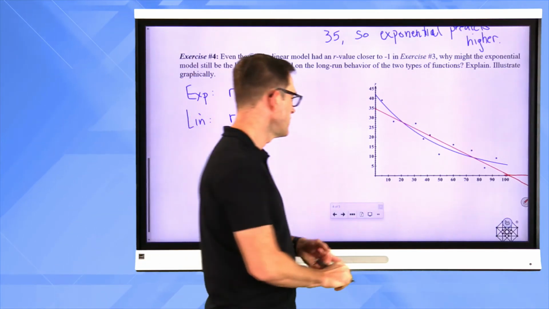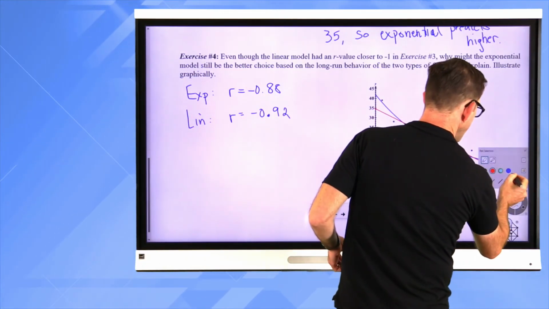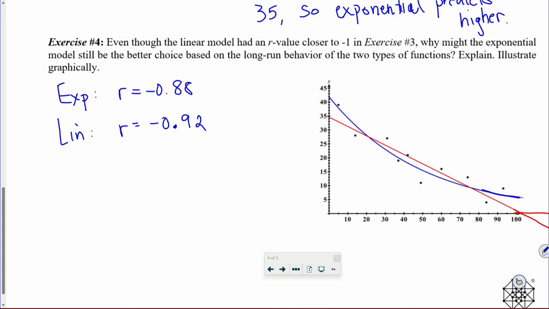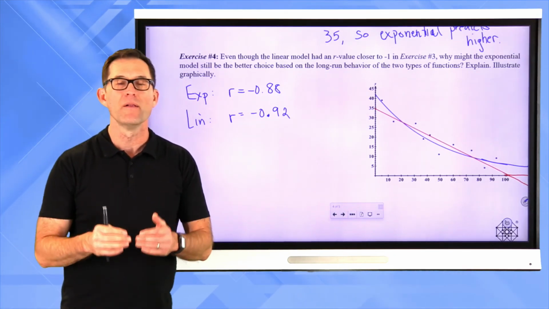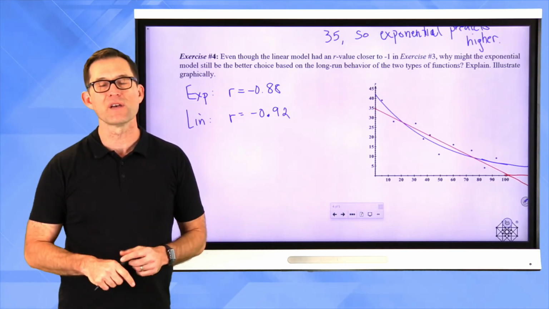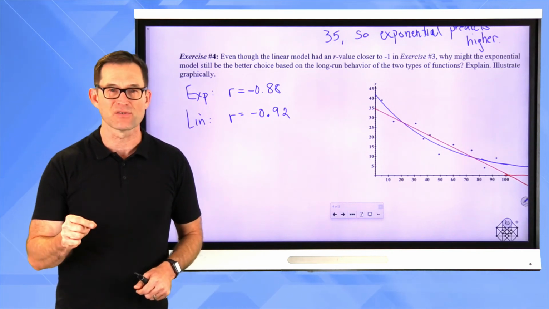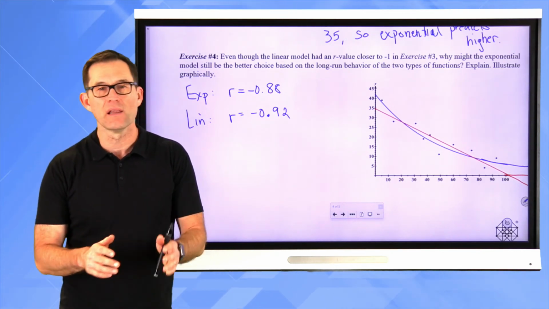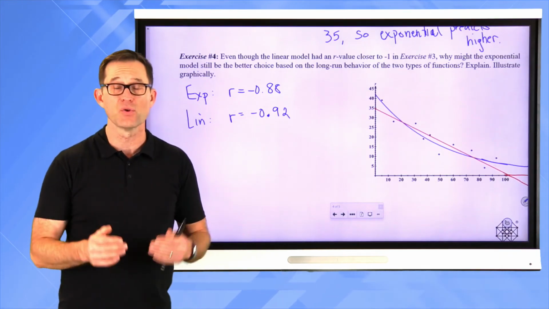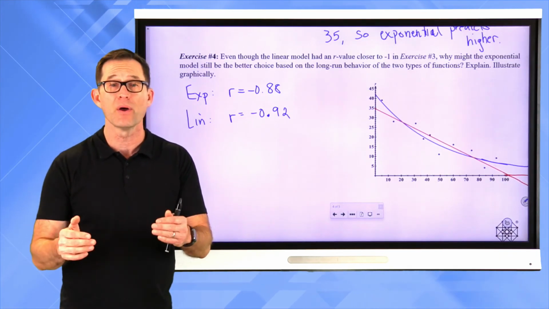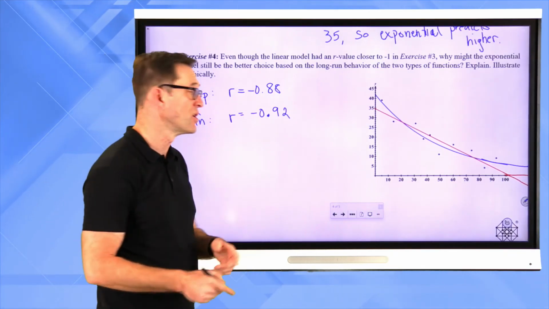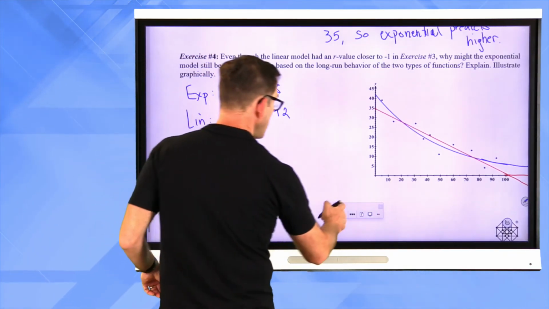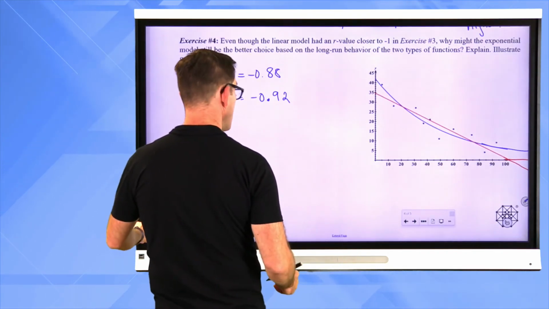On the other hand, the exponential model is going to just get closer and closer to the x-axis, but never hit it, because the exponential model is going to have a horizontal asymptote of the x-axis, right? So the score is going to get lower and lower as time spent on social media goes up and up and up, but it's never going to get below 0 because of the horizontal asymptote. And that is a lot more realistic than, let's say, it going negative.